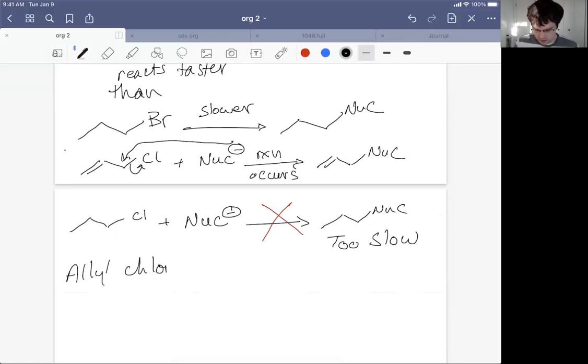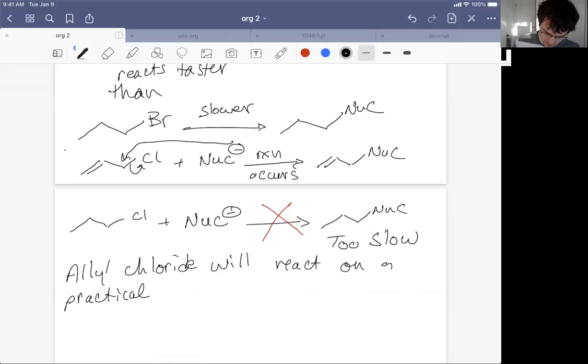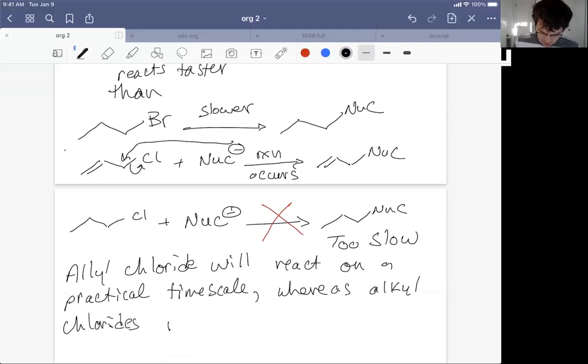Allyl chloride will react on a practical time scale, whereas alkyl chlorides react too slowly.